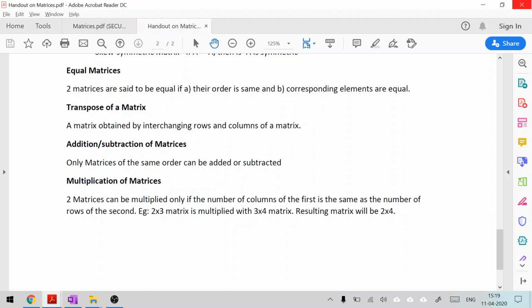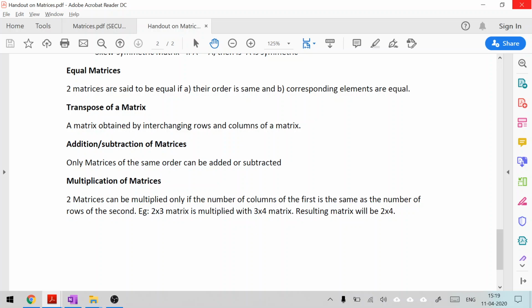Suppose you have a 2 into 3 matrix. This is the first matrix. How many columns are there? 3 columns are there. Now if this is multiplied with a 3 by 4 matrix, how many rows are there? 3 rows are there. So columns and rows are the same? Yes.